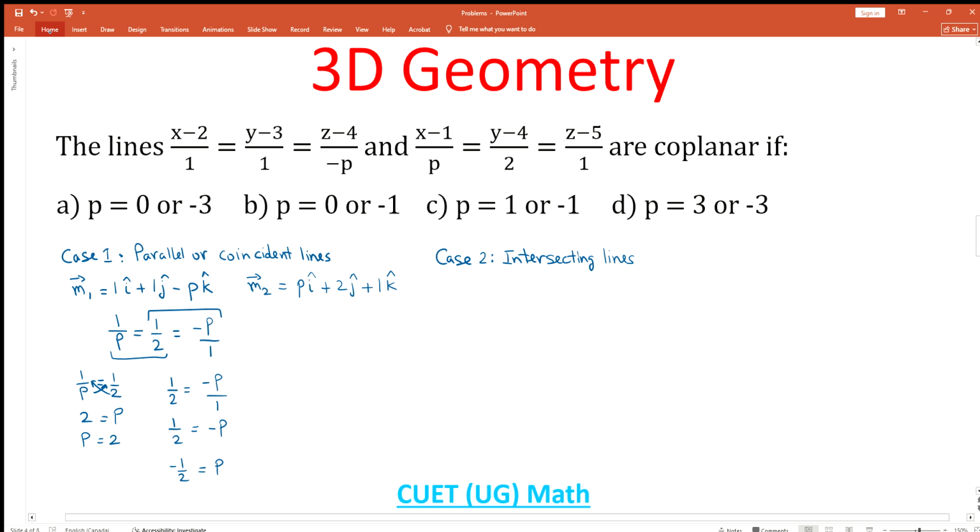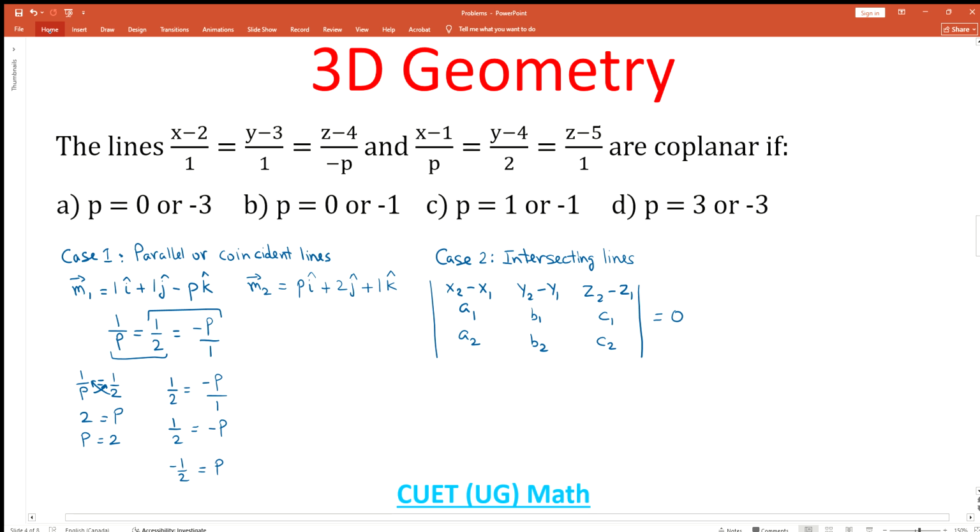That means the value of the determinant with rows x2 minus x1, a1, a2; y2 minus y1, b1, b2; z2 minus z1, c1, c2 should be equal to 0, because this determinant is used to find the distance between lines.